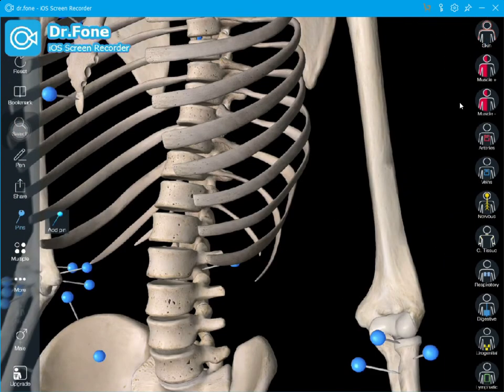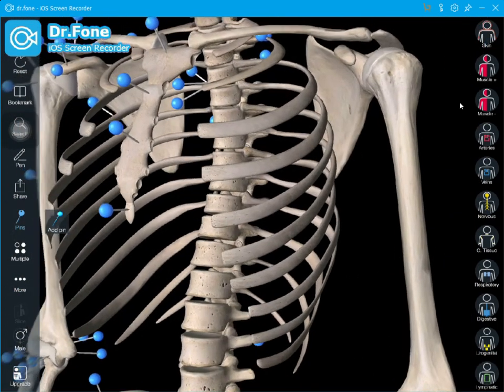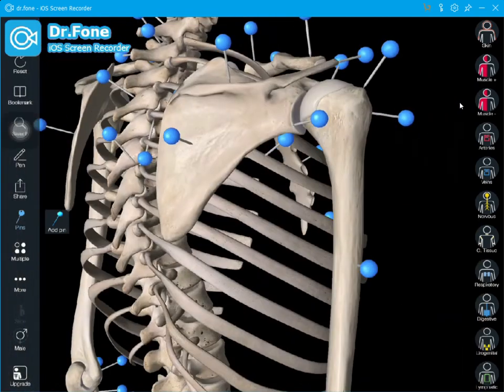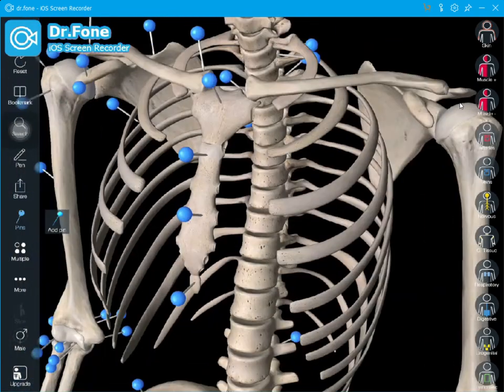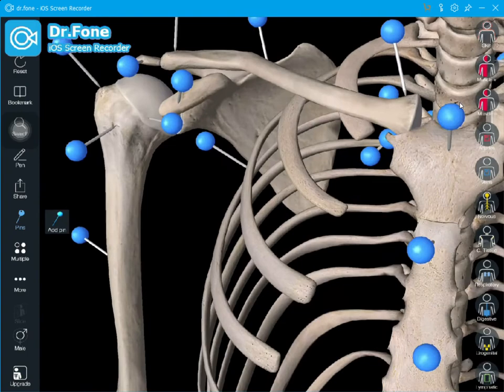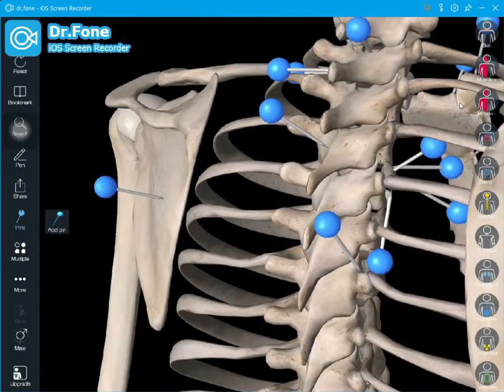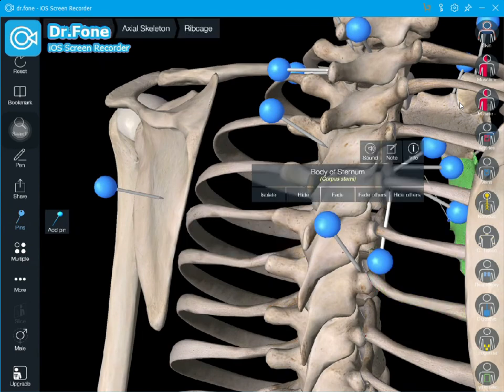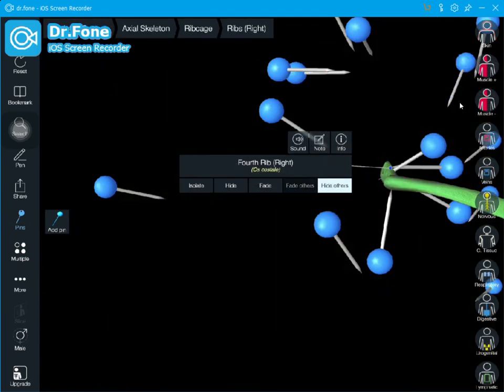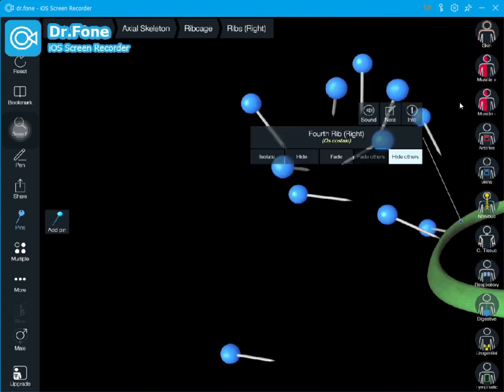Okay, now we went through the whole arm to the ribs. This part of our rib is the body. Let me isolate a rib real quick so we can have a better view.